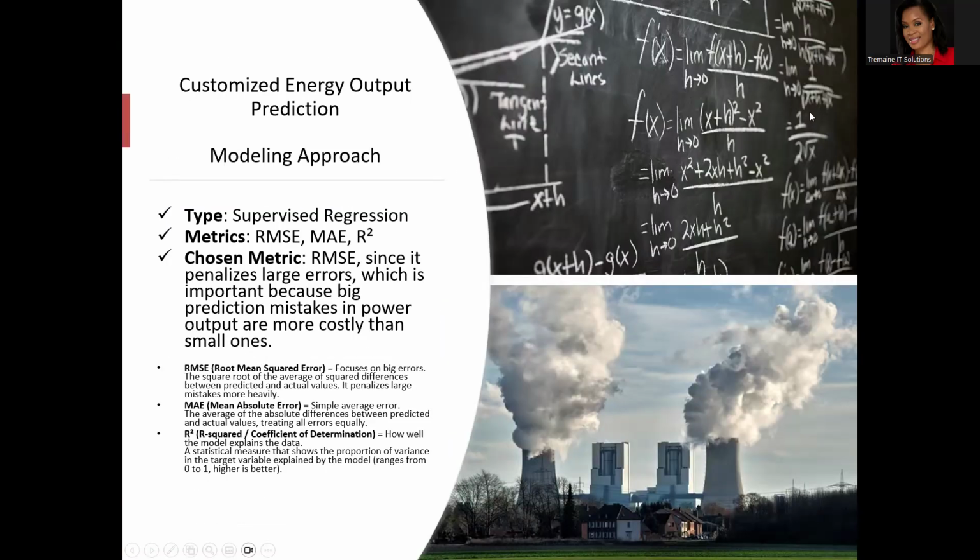So supervised regression, metric RMSE. We might do MAE as well as R2. The chosen metric, RMSE, penalizes large errors, which is important because big prediction mistakes in power output are more costly than small ones.